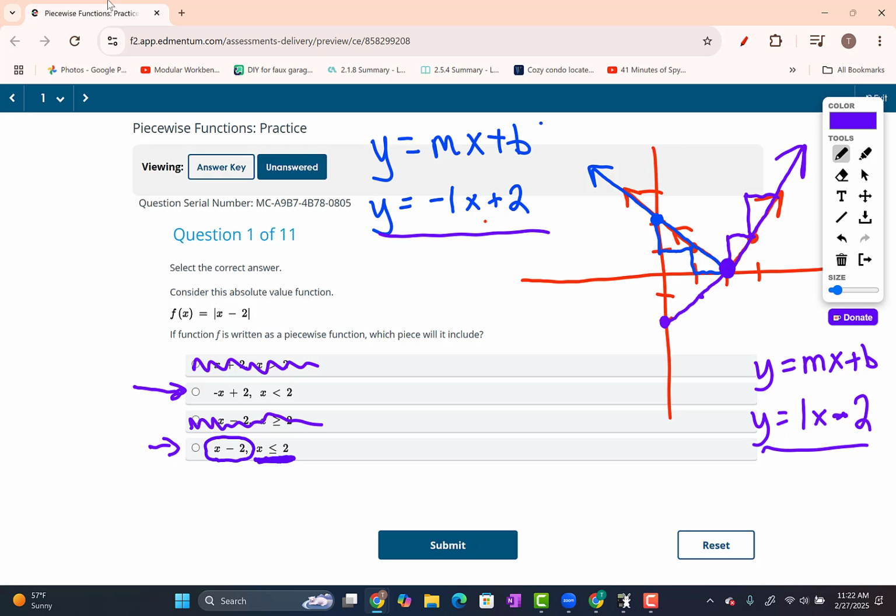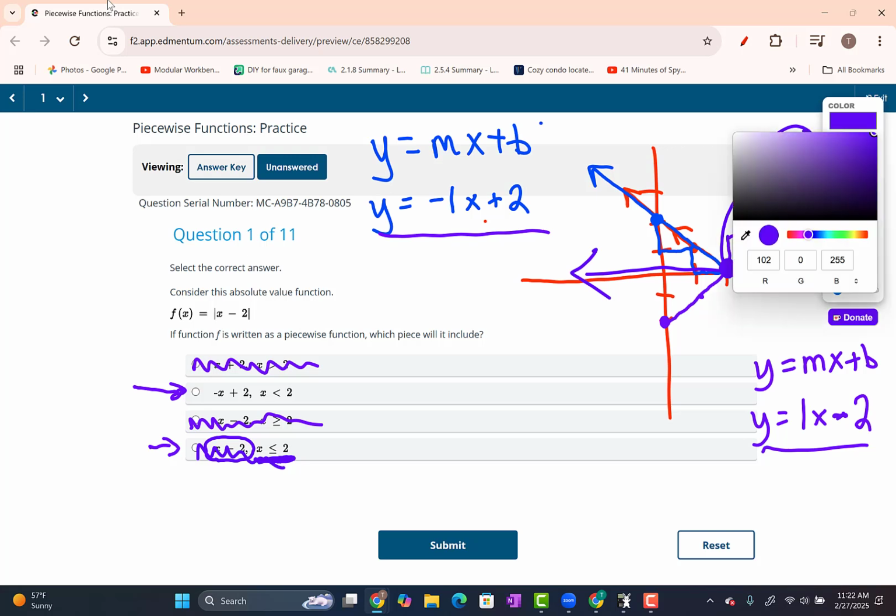Well, to be less than 2, that would have to be this direction. And the piece that we have graphed is actually to the right of that point. So that's not the correct rule for that line. So it's not D.